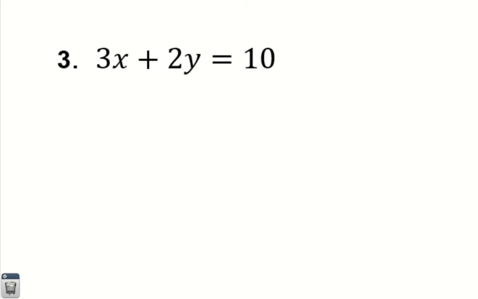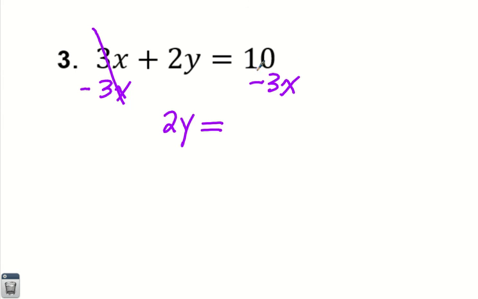Go ahead and try this one on your own, pausing the video. The first thing you would do is get this term out of there. Okay, subtract 3x from both sides. That would leave 2y there.